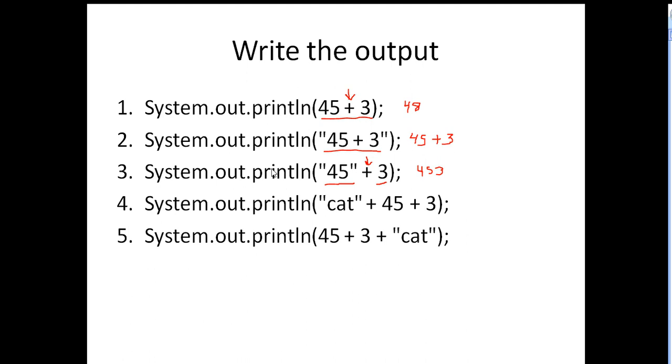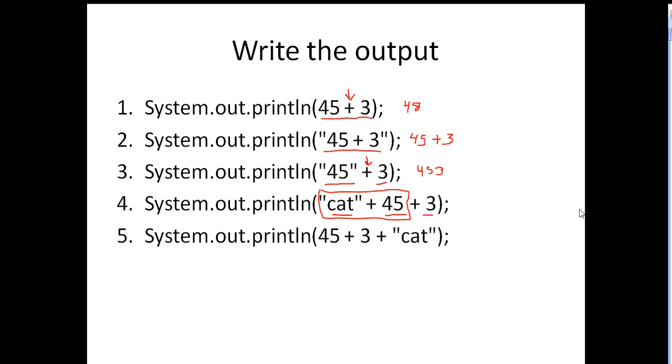The next one, number 4, this is of course a string because it's got quotation marks, and it's got a 45 numeric data and 3. Now the compiler is working from left to right, so the very first thing it takes is just this much of this argument, so to speak, within the print statement.